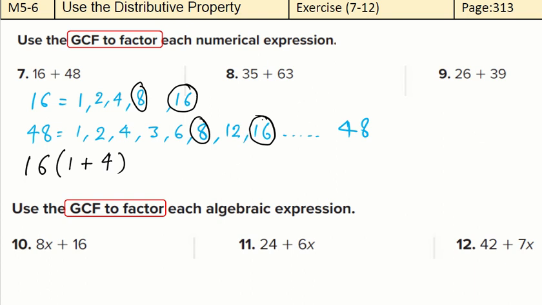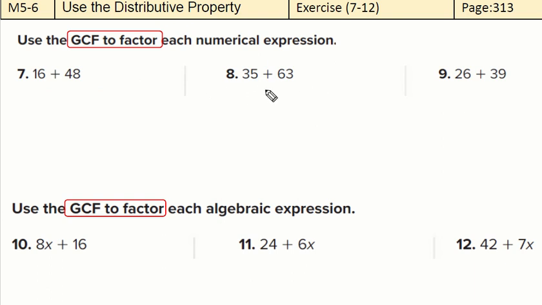Okay, you try questions number 8 and 9 by yourself and then check what your greatest common factor is. Okay, so let me see. If I directly see 7 times 5 is 35 and 7 times 9 is 63, right?